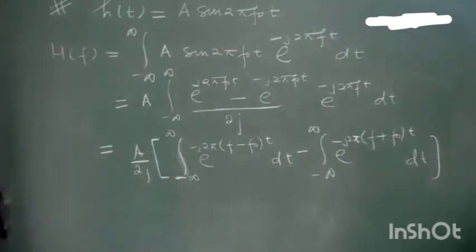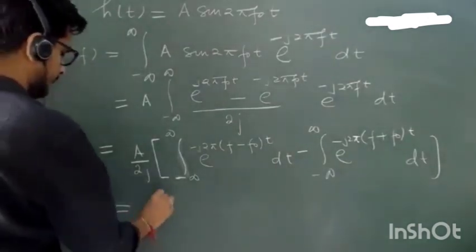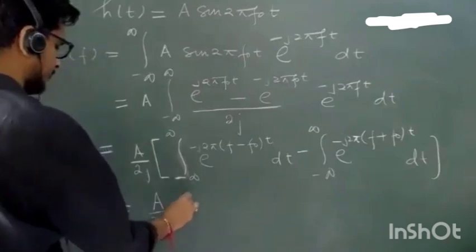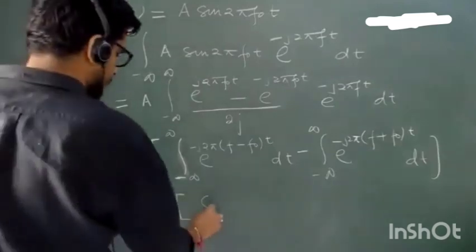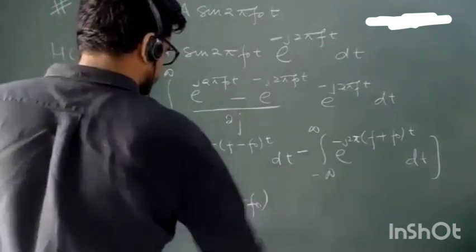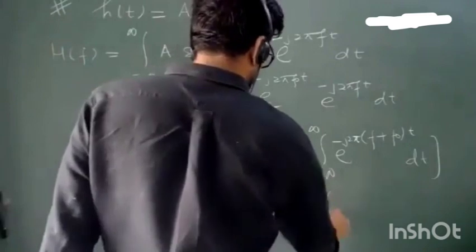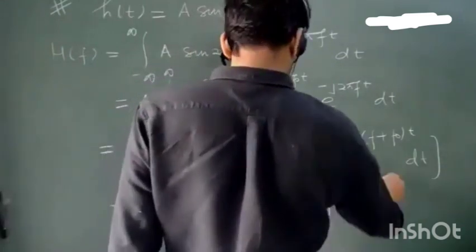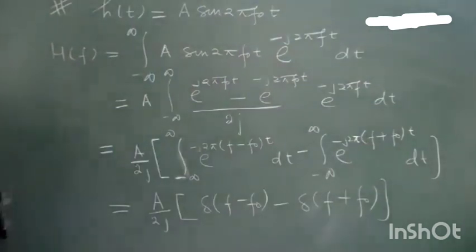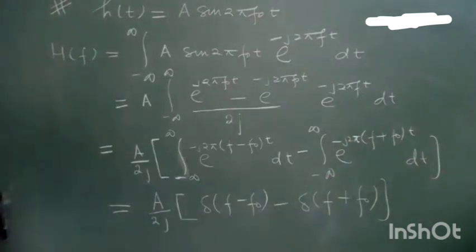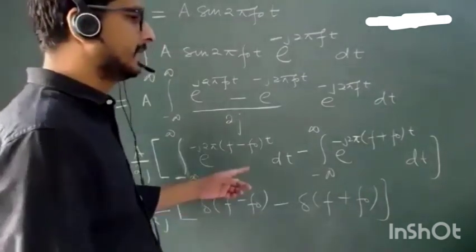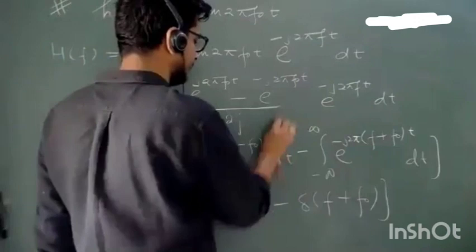And finally you will see it will become A by 2j, delta function (f minus f naught) minus delta function (f plus f naught), bracket close. करेक्ट. सो वो जो फॉर्मूला पहले बता दिया मैंने वो देख रहे हो ना कितने काम का है.